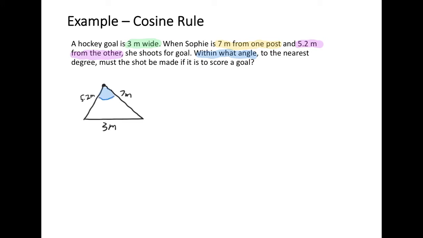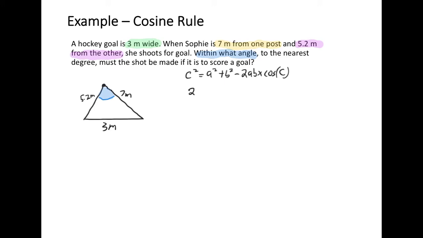To answer the question, we need to work out what that angle is going to be. I can do that by using the cosine rule because I've got 3 known sides of the triangle, so I can use those to work out the missing angle. Starting off with our standard cosine rule formula: c squared is equal to a squared plus b squared, and then I'm going to subtract 2ab times cos of angle C. Because I'm trying to work out a missing angle, I need to rearrange that formula.